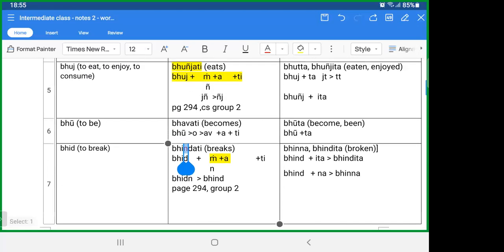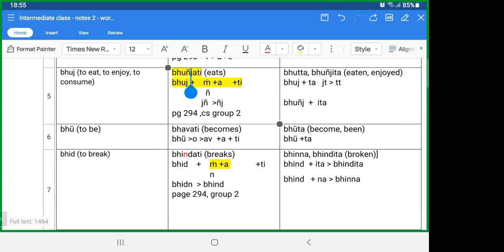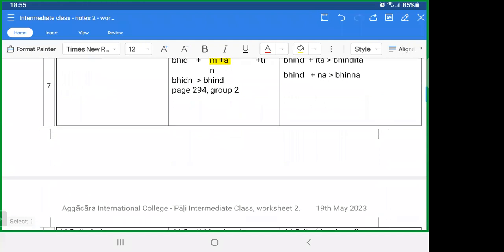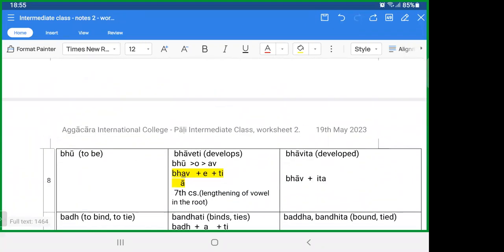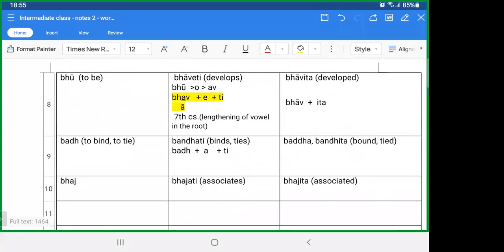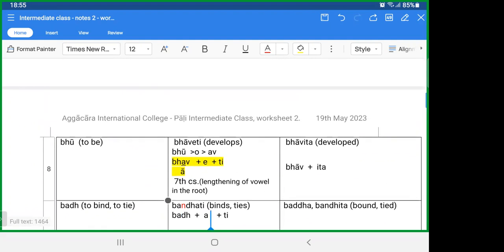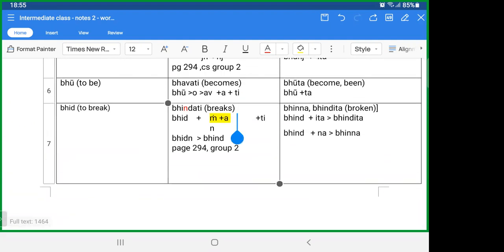Like this one, also the extra N here. So where does N come from? You have to think about the reason. It's like just now with the M dot, the group number 2, right? It's the same thing.